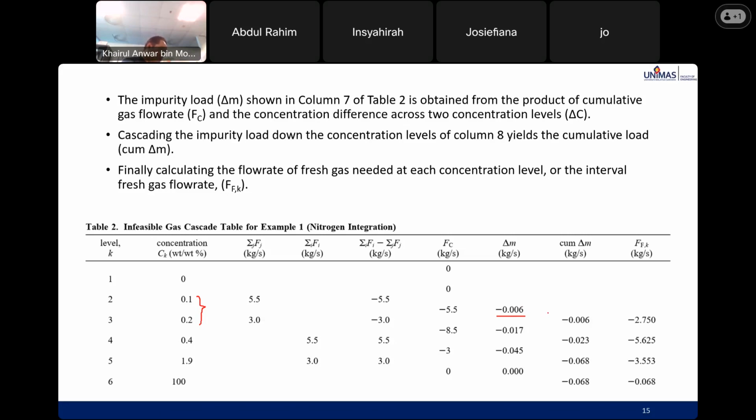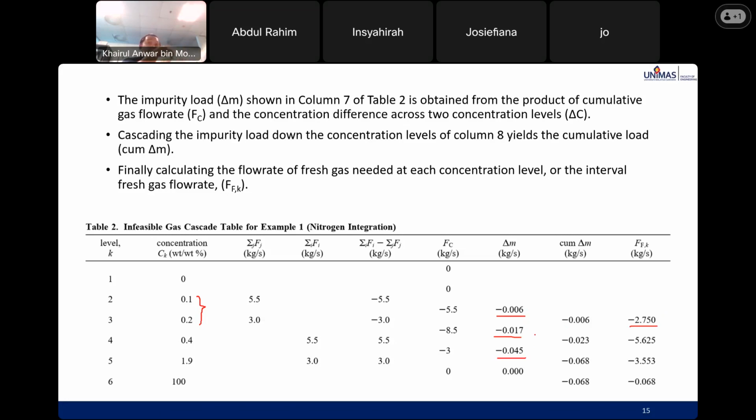They round it to the nearest integer, so 0.06. But for the calculation of this value later on, 2.75, they will be using the actual value of delta M. It is similar to this and this. They round it to the nearest integer.